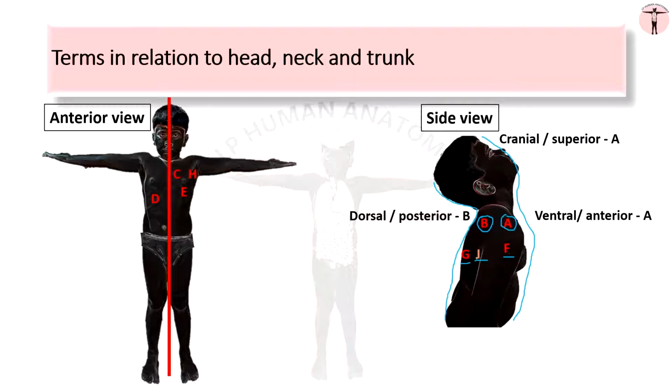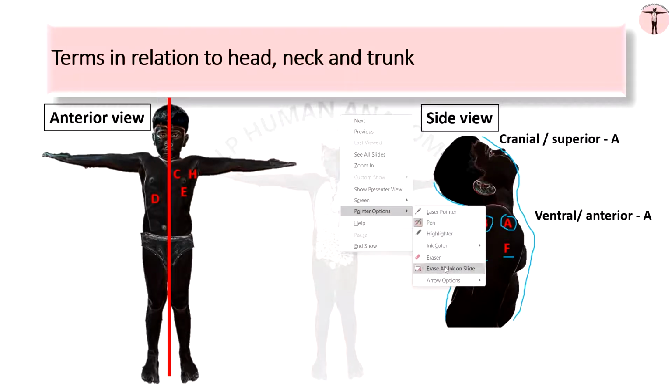F is anterior to G, I is again anterior to G. So G is posterior to I and F, both the structures. So that is anterior and posterior.